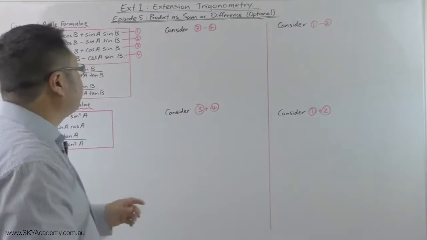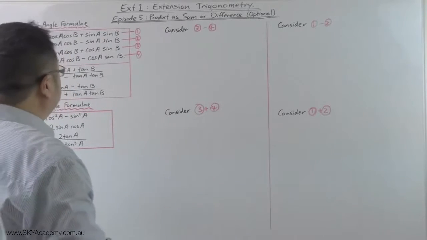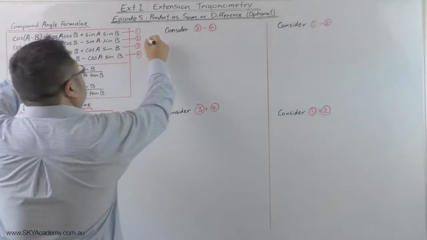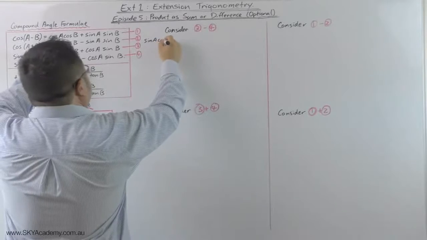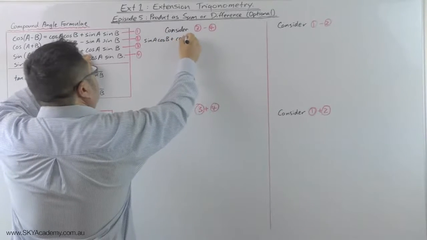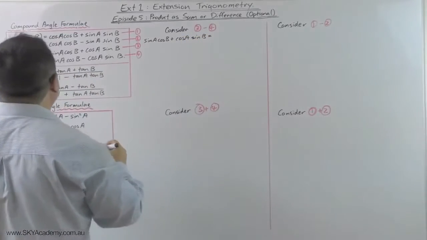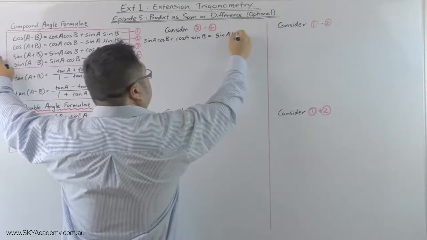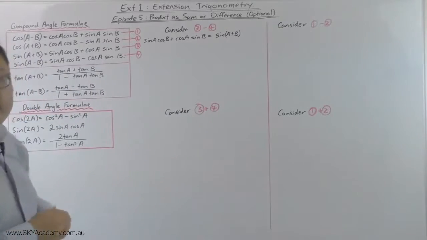So let's have a look at the first one, which is formula number 3, and I'm going to write it this way. Sine A cosine B plus cosine A sine B equals sine A plus B, and that's formula number 3.